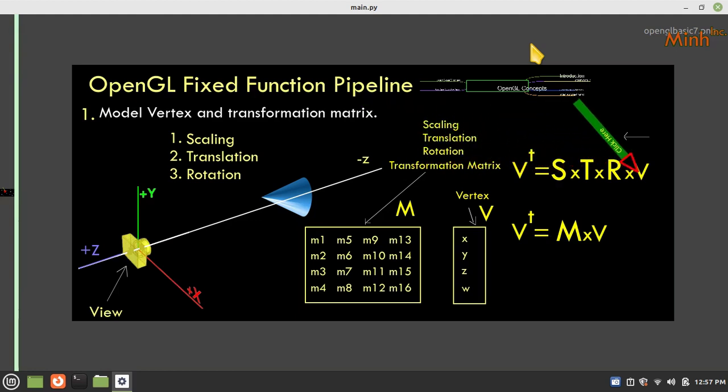If I have a vertex and I have rotation, translation, and then scaling, the multiplication happens in the reverse direction. The vertex gets multiplied by R, then T, then S, and that gives the transformed vertices. So S T R we write as the model matrix, and it happens in the reverse way.